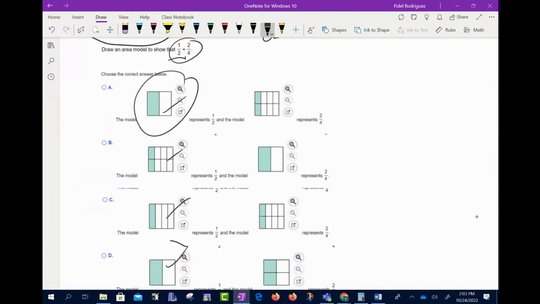It looks like A and D both have that. For the second part, I want to look for a square that's cut up into 4 equal pieces, 2 of which are shaded. That looks like D. So D looks like the answer I'm going to pick here, based on the fractions that we have.